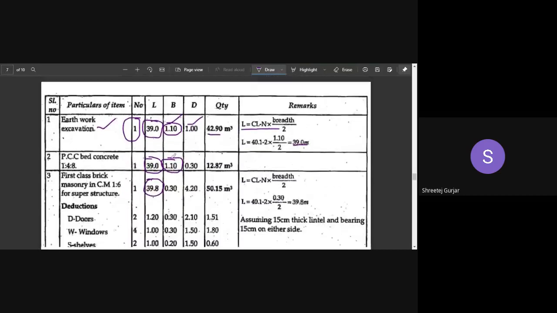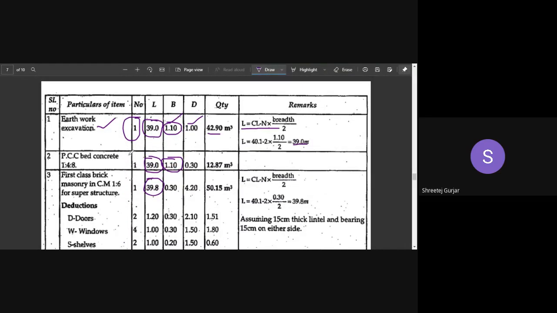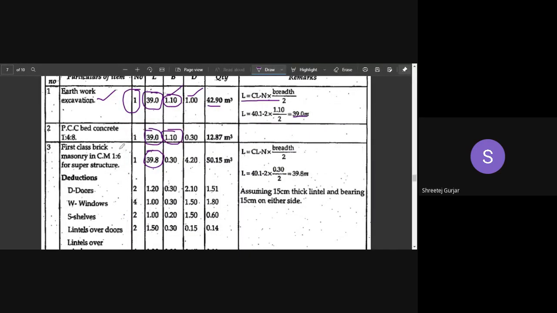So coming to your next quantity, PCC bed concrete 1:4:8. So number will be 1. As I told, number will always be 1 in the centerline method. Your length will be the same as your earthwork excavation, because length is equal to 40.1, the centerline length, minus 2 junctions into width by 2, that is 1.1 by 2, because 1.1 is the width of your PCC bed.